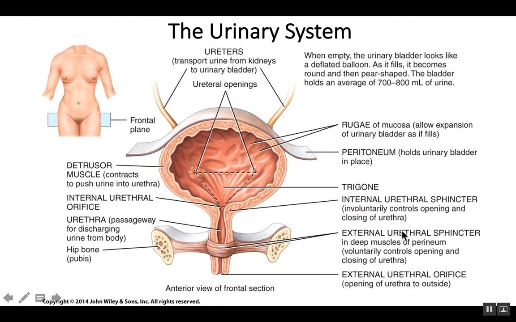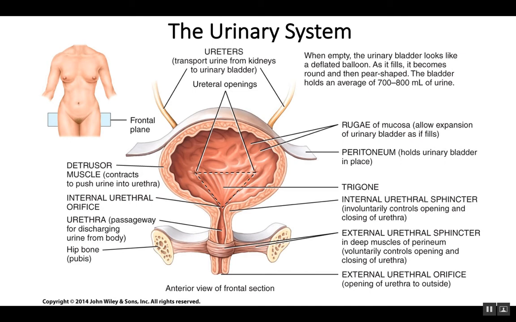The external urethral sphincter is skeletal muscle that you can voluntarily open and close. So you can voluntarily open it if you decide to urinate maybe before a long trip and you want to empty your bladder. Or you can voluntarily keep it closed in order to postpone urination.